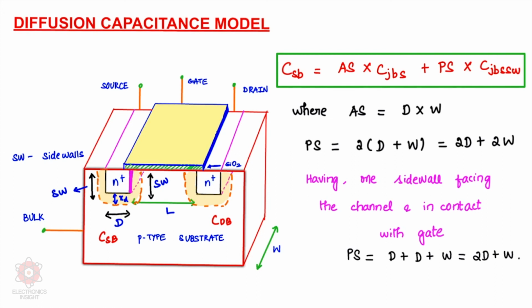Therefore, sometimes we neglect this side wall, or calculate this side wall separately, because it will induce some other capacitance also. So when calculating the perimeter, sometimes we take the top and bottom of the source side and the one side wall which has no disturbance, unlike the pink side wall which faces the channel and is partially in contact with the gate.